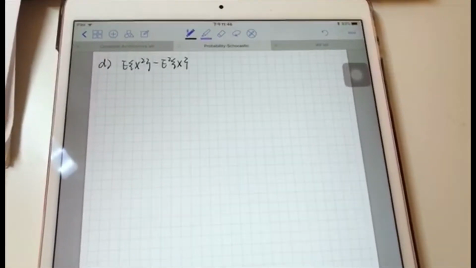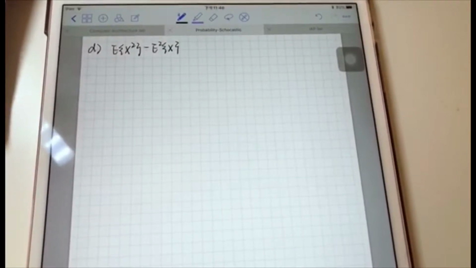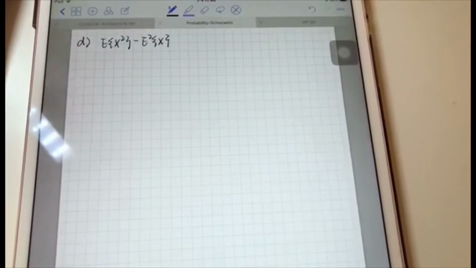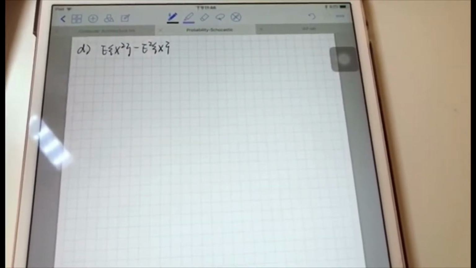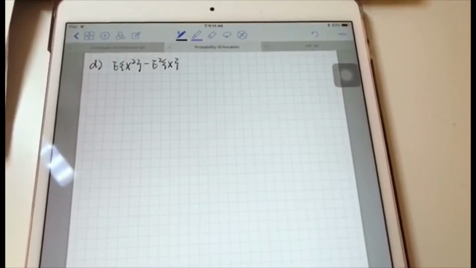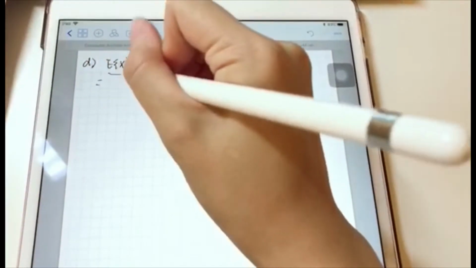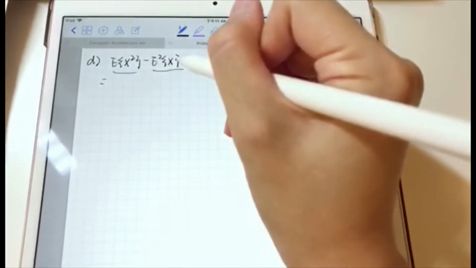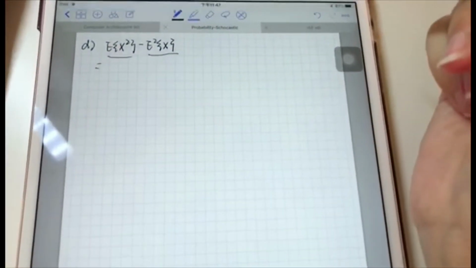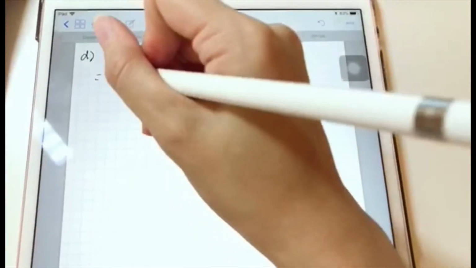Now let's go into question D. Question D asks us to find E(X squared) minus E(X) squared. The values of these two expressions we already got in the former questions, so we can easily write the answer.